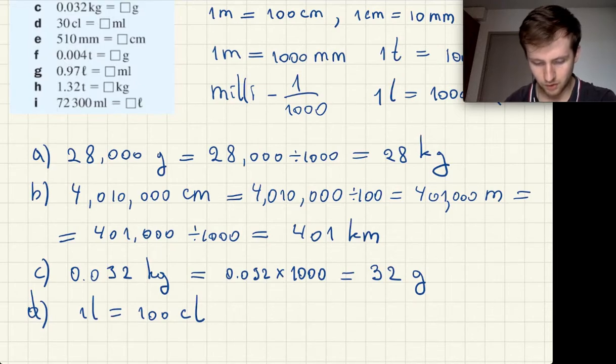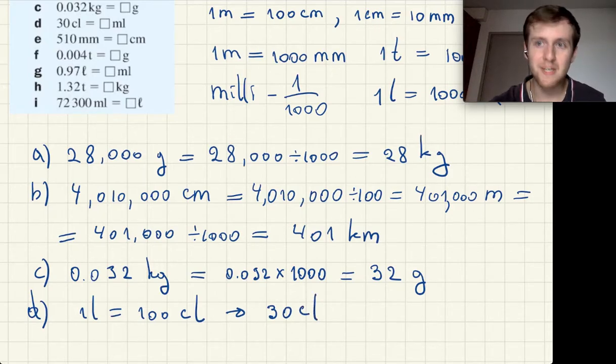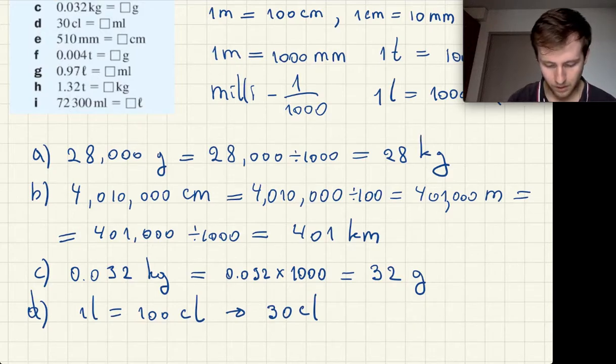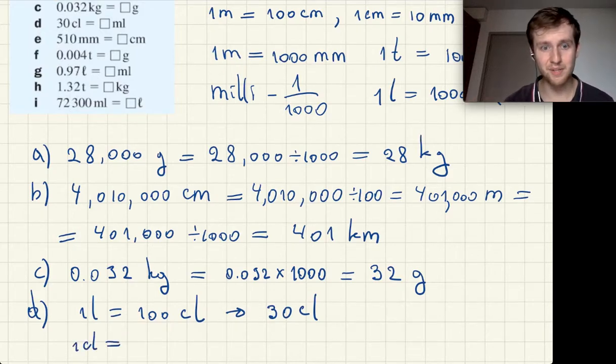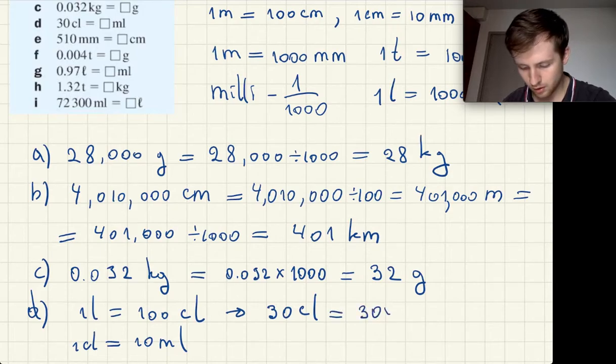So that gives us 30 centiliters. Oh, but we actually have to convert to milliliters. I didn't notice that. So 1 centiliter, just like a centimeter, is equal to 10 milliliters. So 30 centiliters is equal to 30 times 10 equals 300 milliliters.